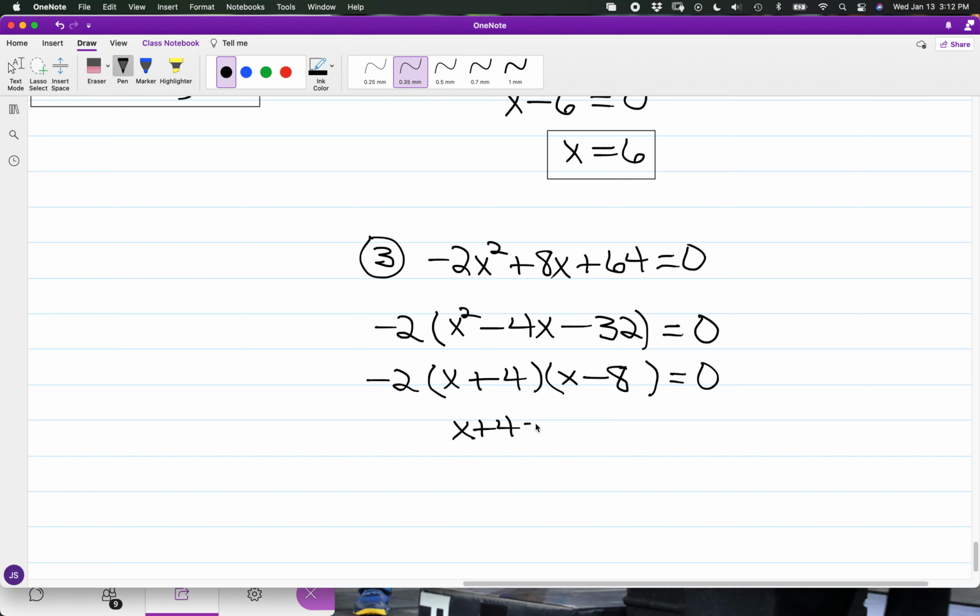So we have x plus 4 equal to 0, and x minus 8 equal to 0. If x plus 4 is equal to 0, x is negative 4. And for x minus 8 equal to 0, x is equal to 8. You can always go back and check, and those will be the solutions.